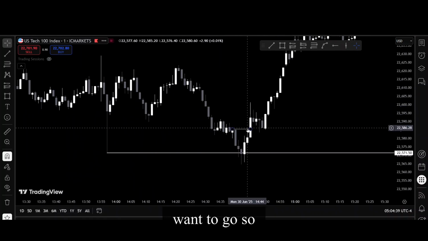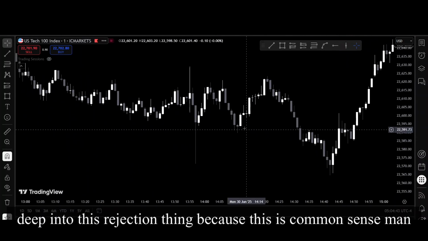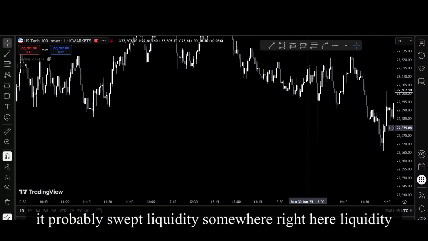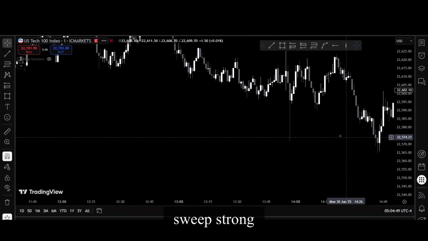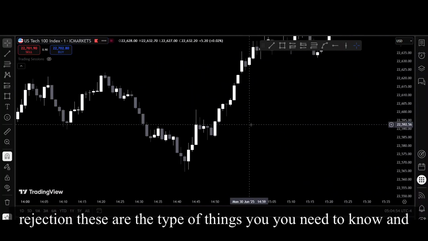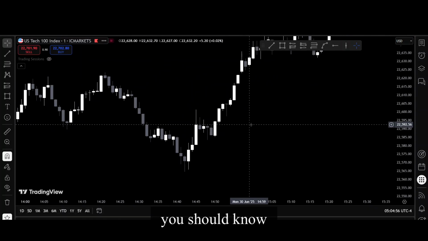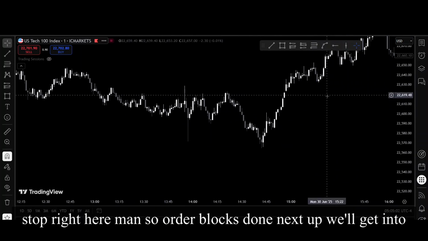Got it? I don't want to go so deep into this rejection thing because this is common sense. Like right here, they probably swept liquidity somewhere. Right here, liquidity sweep, strong rejection. These are the things you should know when you are trading. But this isn't a candlestick pattern video, so I'ma stop right here.